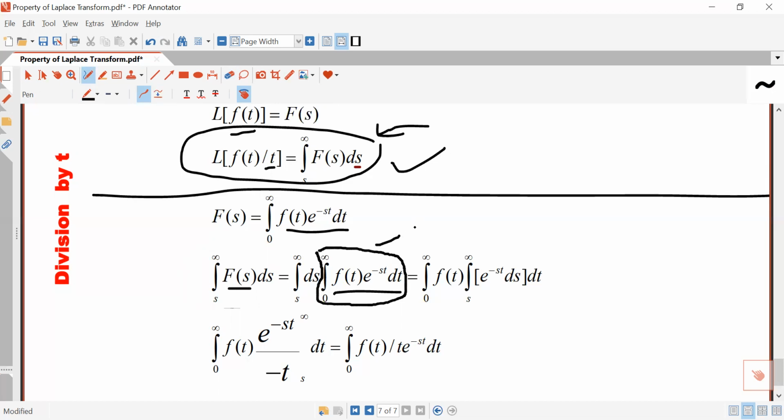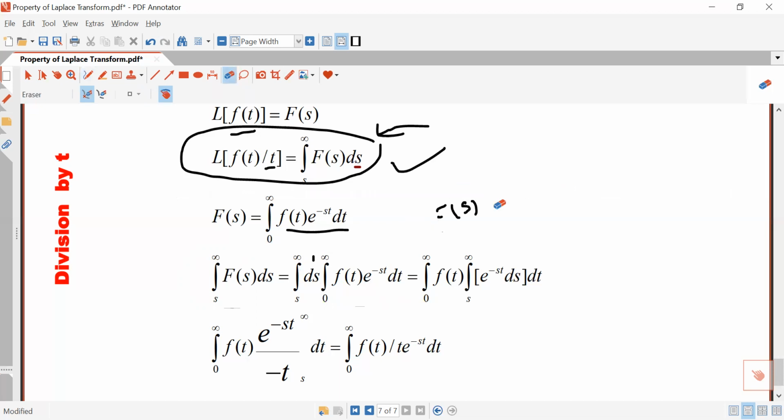And this ds is here. So you can write this integration with this term. Now you can readjust the terms, which means you can keep f(t) here and ds here. You will get this expression.